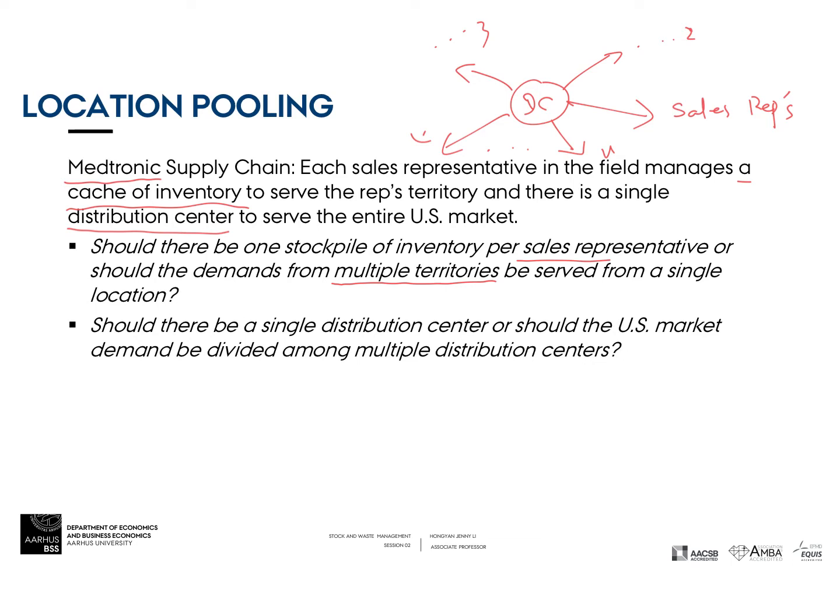The second question: should there be a single distribution center? A single distribution center is the current practice, or should this market be divided into multiple distribution centers? That is a future need for research. This type of question relates to applying location pooling here: a single location into multiple locations, or multiple storage locations becoming a single storage.